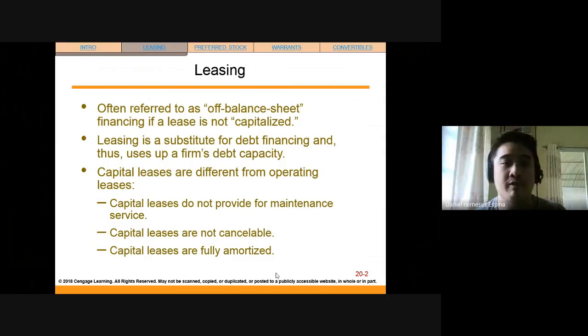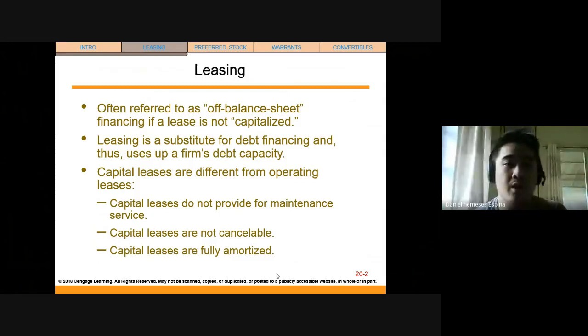So for example, if the life of that asset is only 4 years and we are renting for almost 3 years, it's as if we own the property because we are the ones benefiting from the usage throughout the life of the asset.